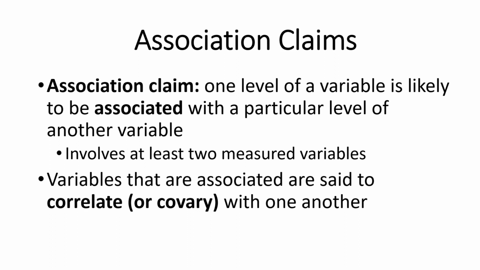So because we're just forming a link between two things, we're not getting that directionality that comes from a causal claim. We're still using measured variables. And so if you find two measured variables that have an association with one another, if they're associated, you can say that they correlate or co-vary with each other.